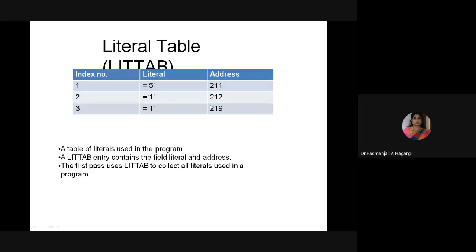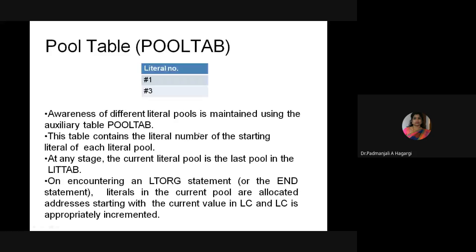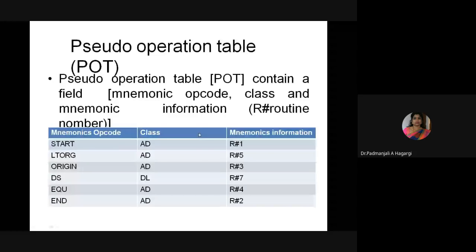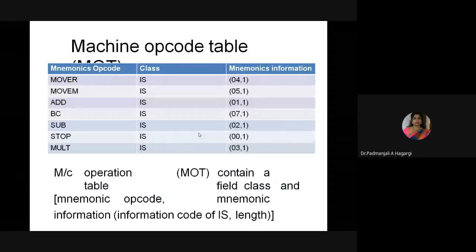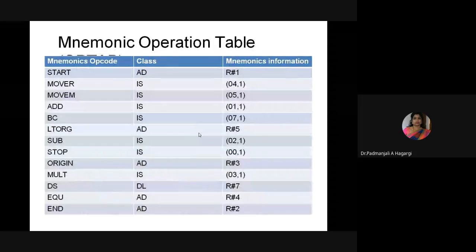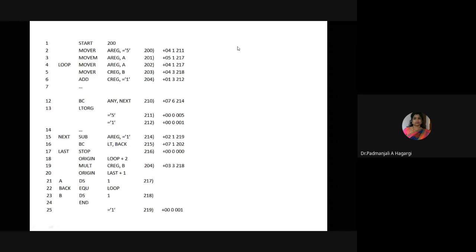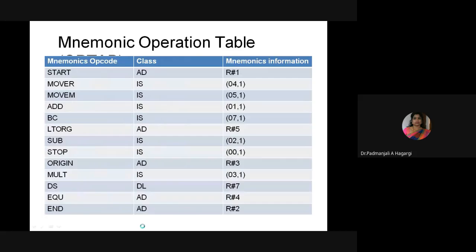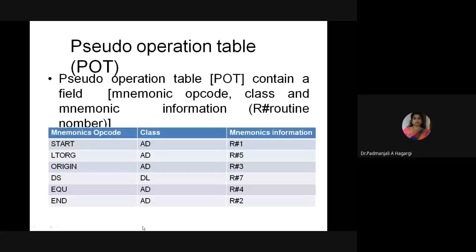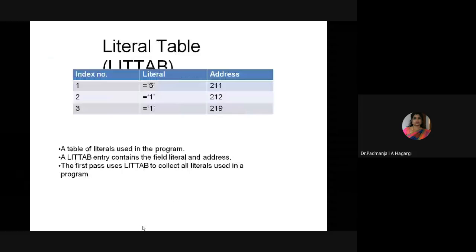Look here at the list of the literal statements used: 211, 212, and 219. So it picks such information from pass 1, and it constructs a pool.